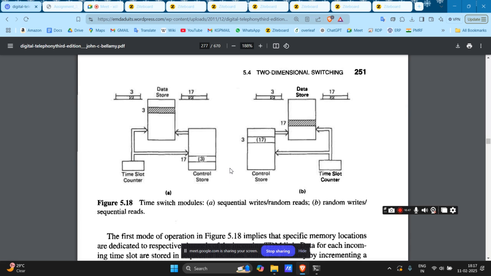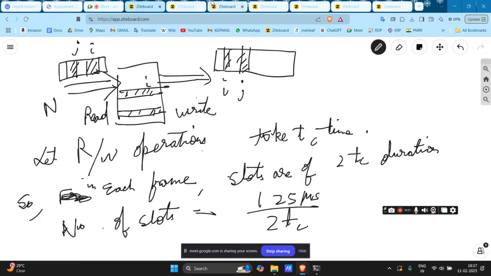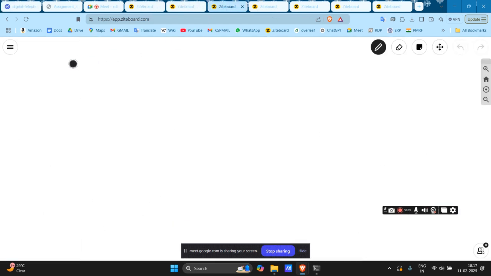But when it comes to time switching, the opposite happens. In space switching, what is the pro?